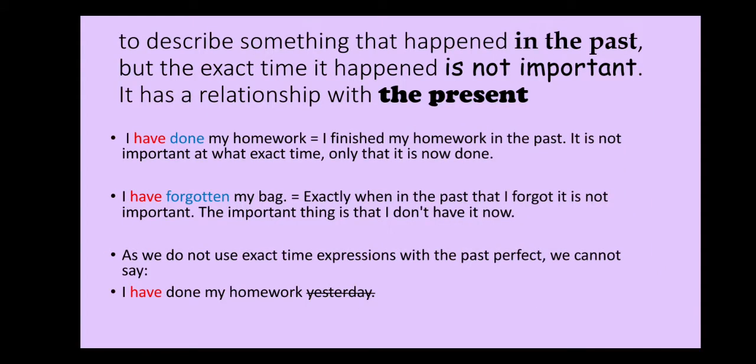Okay? We use the present perfect to describe something that happened in the past, but the exact time it happened is not important. The exact time is not important in the present perfect, because the important thing is the event, what happened, and that it has a connection with the present.